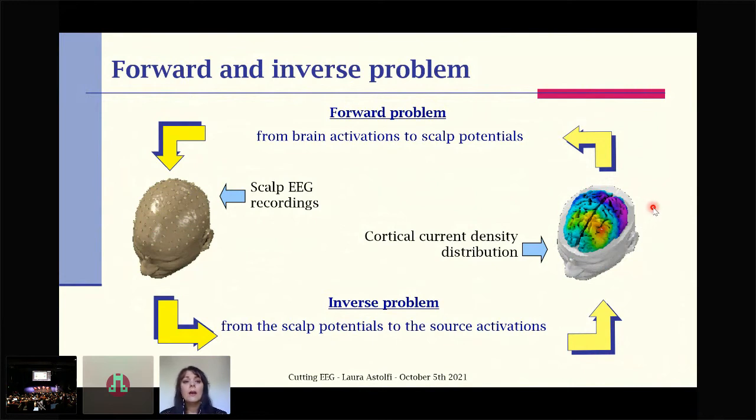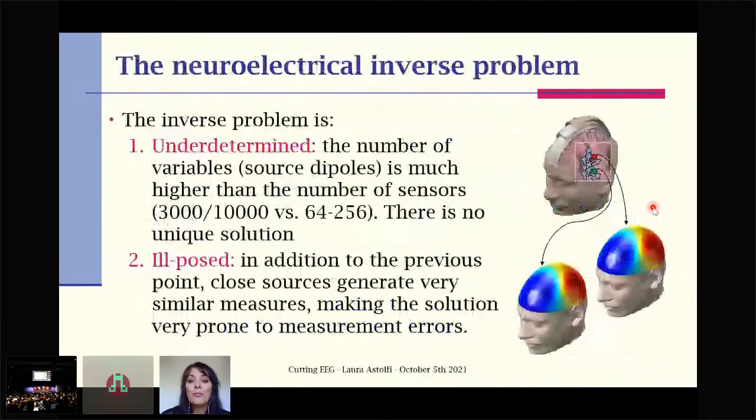As I said, we have a couple of problems. In fact, the inverse problem is strongly underdetermined and ill-posed. It's underdetermined because the number of variables is much higher than the number of sensors, as I just said, so there is no unique solution to this problem. There is no unique distribution in the source domain that can explain what we measure on the scalp.